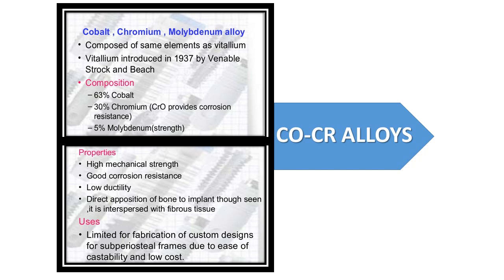However, it has low ductility, and compared to titanium it does not osteointegrate to the bone. There is direct apposition of bone to the implant, but with interspersed fibrous tissues. So this is a drawback of cobalt chromium, that it does not osteointegrate unlike titanium. Uses are limited to the fabrication of custom designs, usually subperiosteal frames only, due to the ease of castability and its low cost.